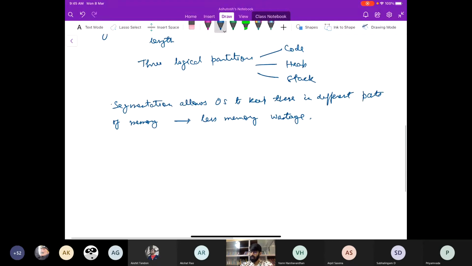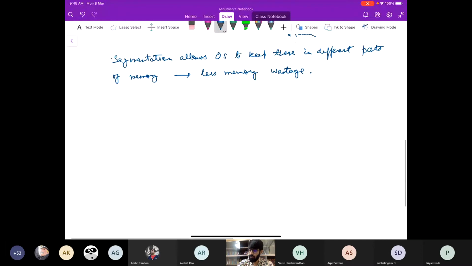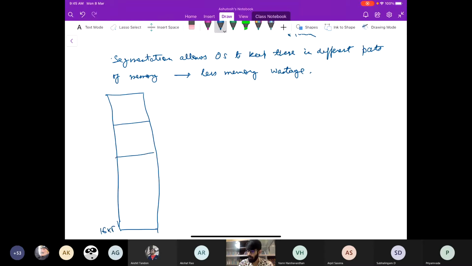Okay. So for example, let's go to our canonical picture of the address space. Let's say that the space was 16 KB, and suppose the code was sitting here from 0 KB to 2 KB.